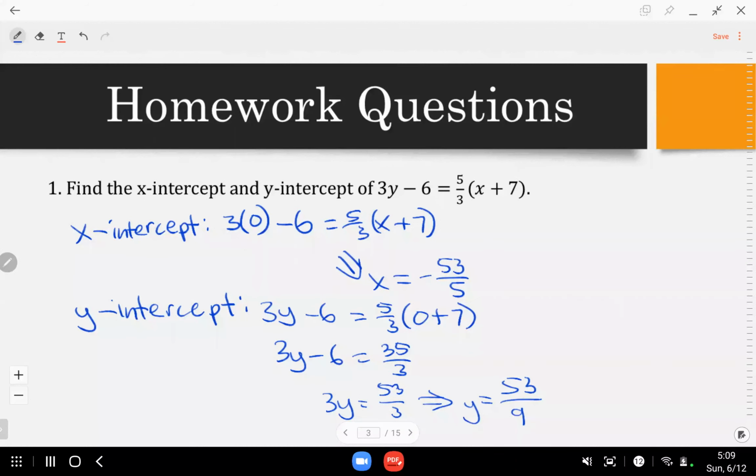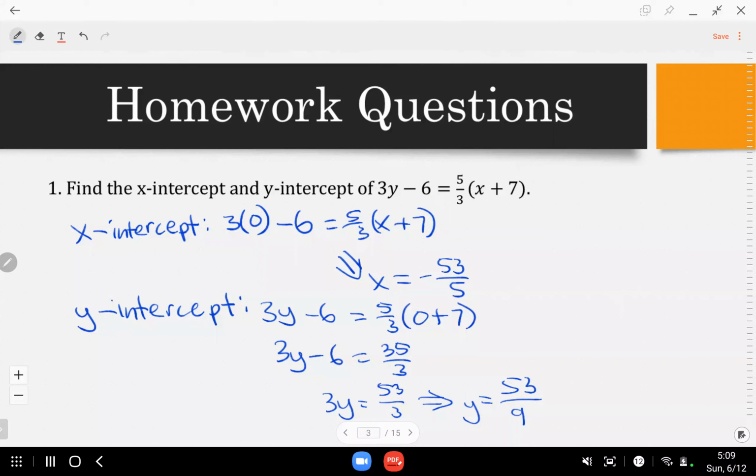So all we need to do is graph those 2 points and draw a line between them, because all you need is 2 points to form a line. That's why they're very important.